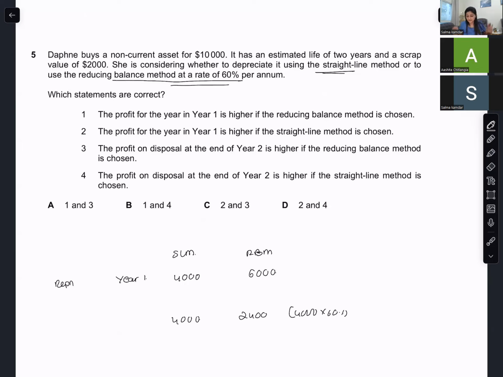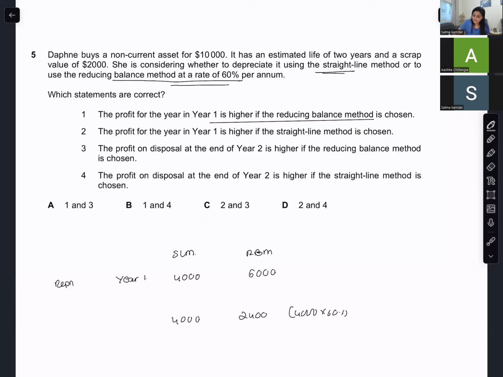So now she wants to think whether to depreciate it using the straight line method or the reducing balance method. Which statement is correct? Profit in year one is higher if reducing balance method is chosen. Is this correct?